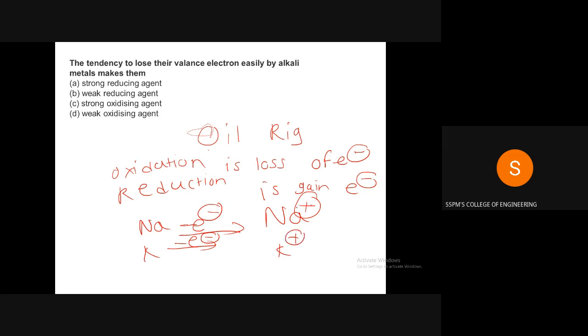So Na plus is the electron deficient species and it forms positive ions, which can attract electrons. This reaction is called oxidation because it loses the electron, but the species formed acts as a reducing agent. So they form strong reducing agents. Strong reducing agent is the correct answer.